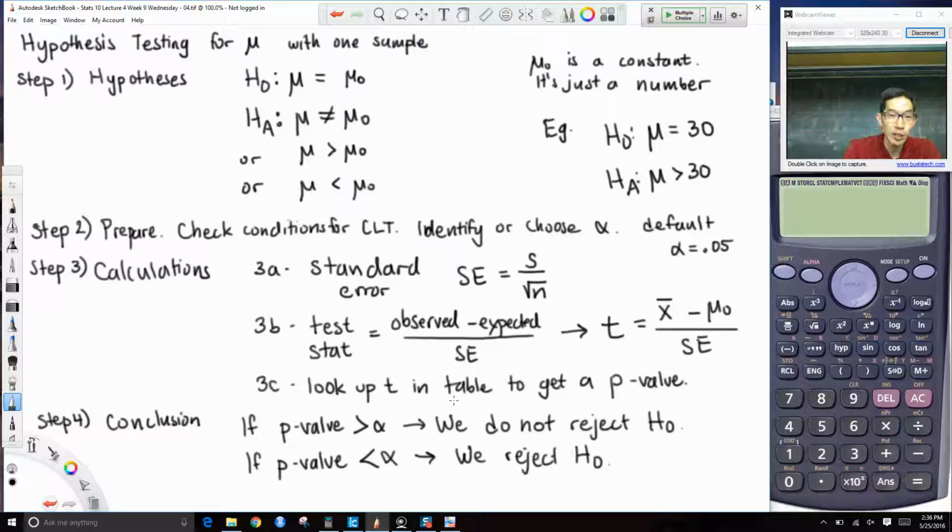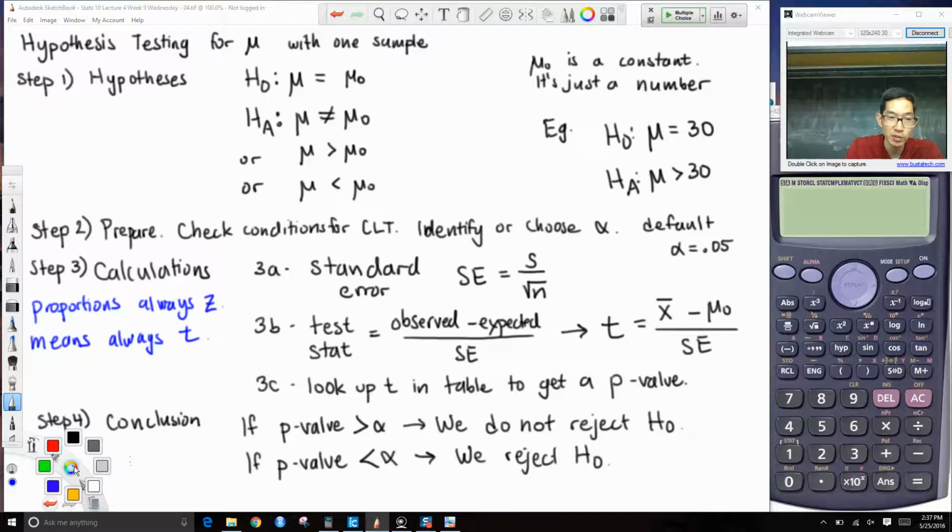And this is worth noting: for proportions, it's always the z table. Proportions always z. And for means, always t. So don't mix those up. If you're dealing with proportions, you're always going to use the z table. If you're dealing with means, you're always going to use the t table.